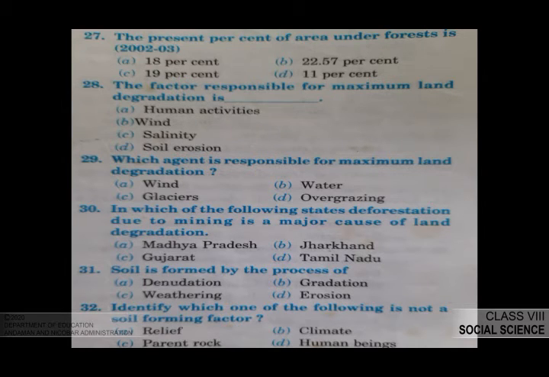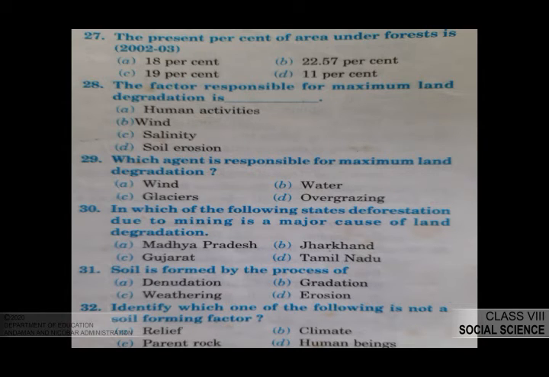The next question is identify which one of the following is not a soil forming factor. तो इसमें आपको क्या soil forming factor नहीं पूछा है, क्या soil forming factor इन options में से आपको वो चुनना है जो soil forming factor नहीं है.